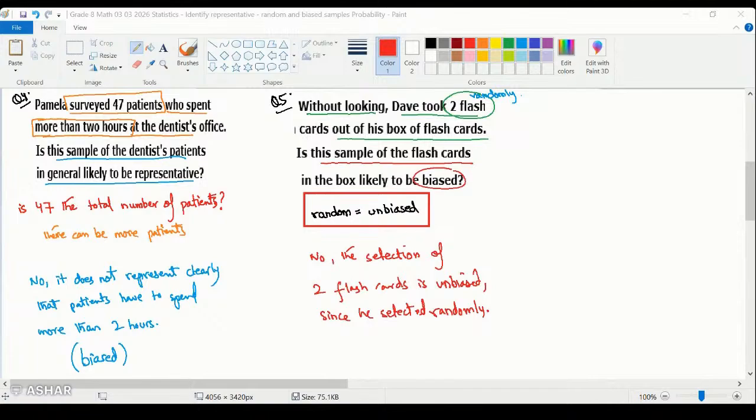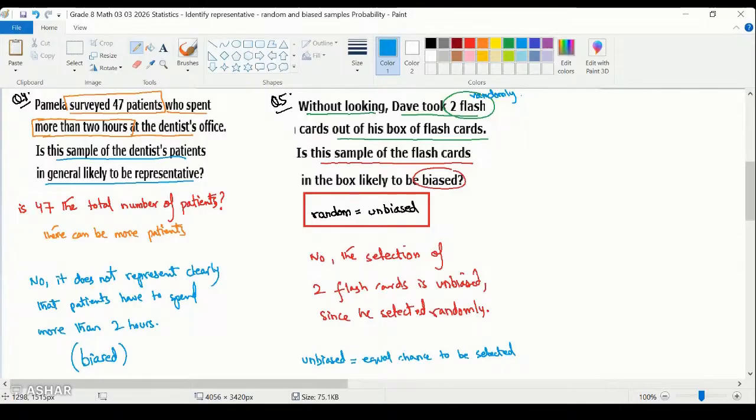Unbiased means that every card has an equal chance to be selected, right? Like if the box had 10 cards in it, then any card could be chosen.